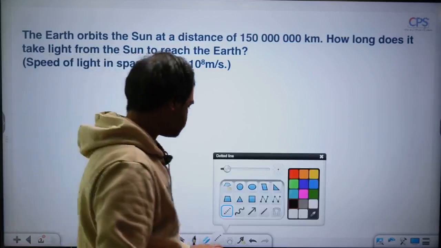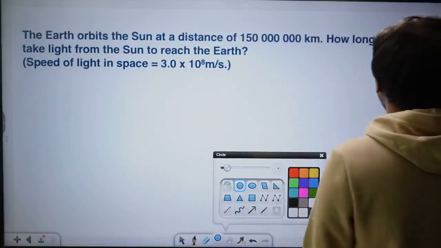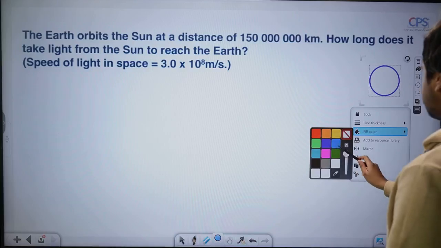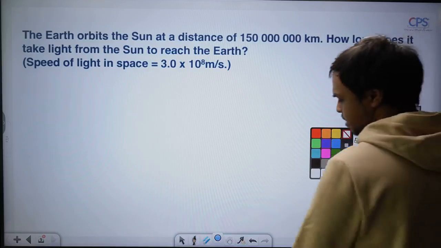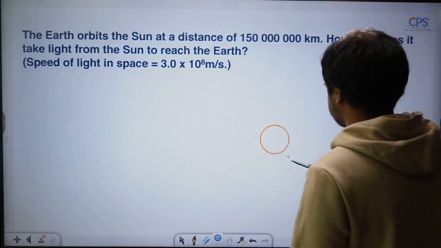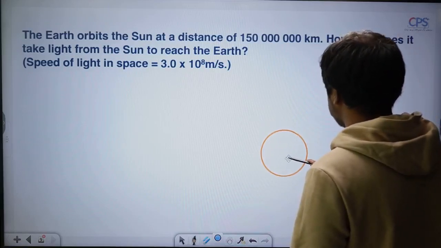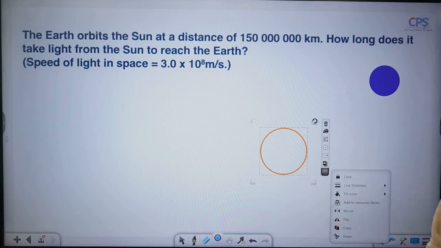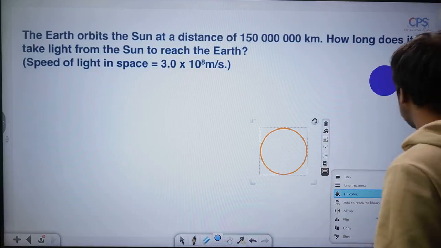So earth, that's our planet right here. Fill it with green. And the sun is a bigger thing, of course, much more bigger, but you can just draw it.